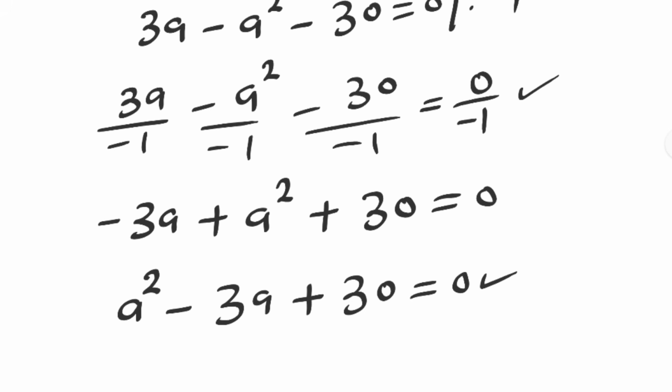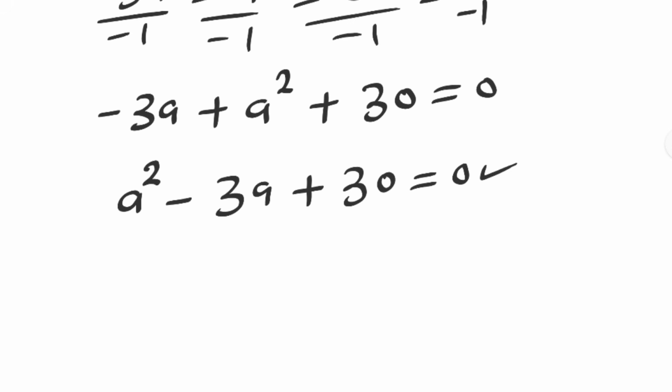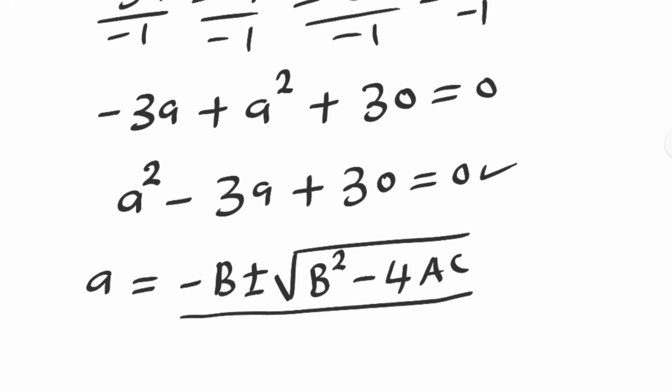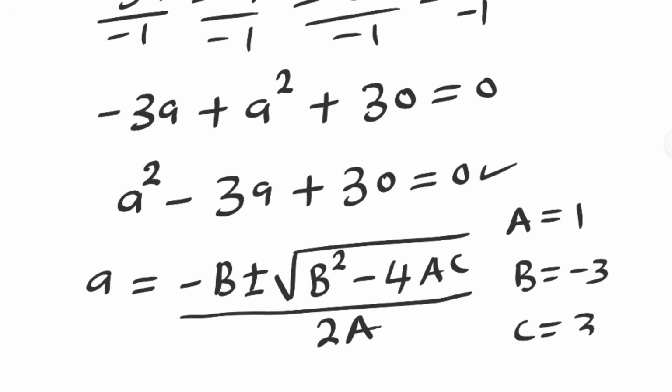And our quadratic general formula is given as a is equal to minus b plus or minus square root of b square minus 4ac, over 2a. Then from this equation, a is equal to 1, b is equal to minus 3, c is equal to 30.